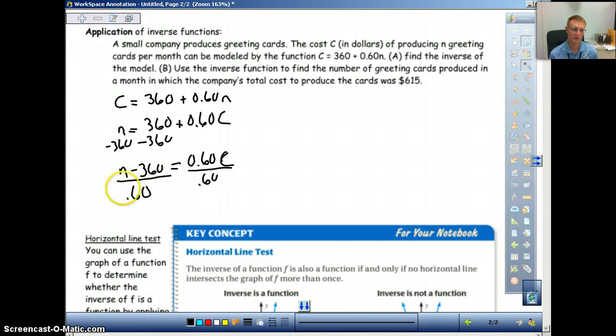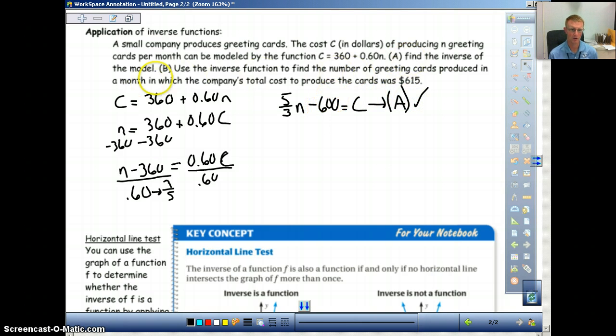So if 0.60 is 3/5, then when I divide by 3/5, I'm going to get 5/3. So we will end up with 5/3 n. And then we do negative 360 divided by 0.60, and we get 600. So it's minus 600 equals C. So this is part A. Okay, we're done. That's our inverse.